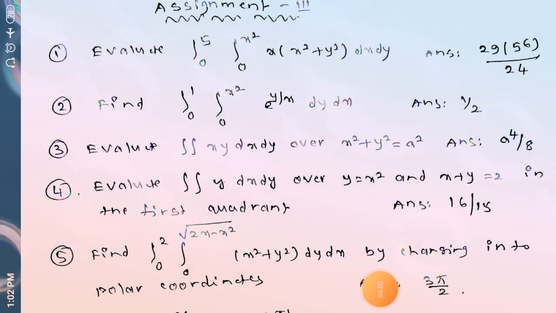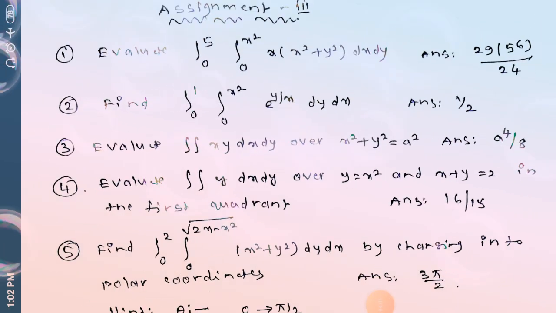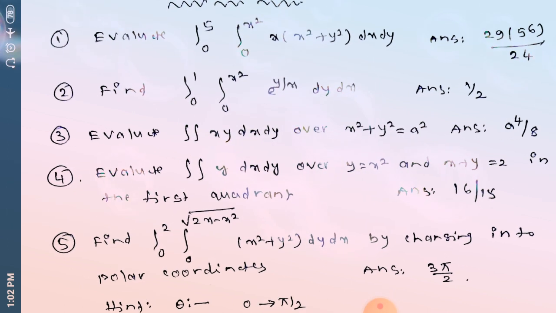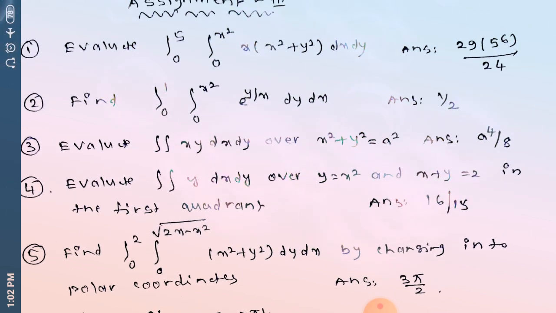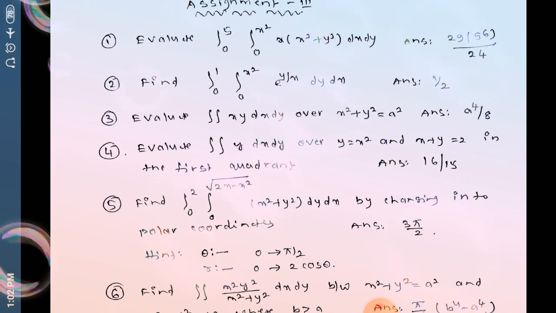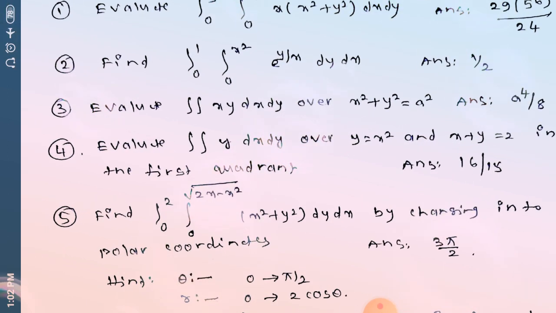Now coming to the fourth problem: evaluate the double integral y dx dy over y equal to x square and x plus y equal to 2 in the first quadrant. Again the same procedure. A double integral needs two limits, that is, x limits and y limits. Here two equations are given, so from those you calculate y.